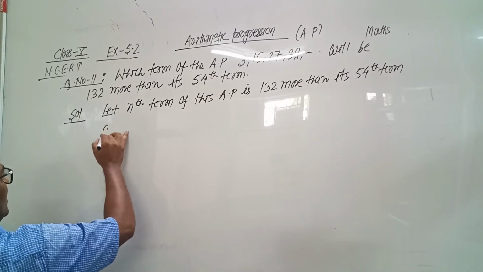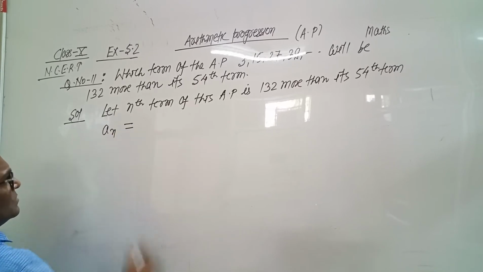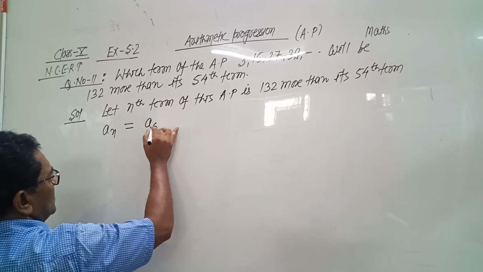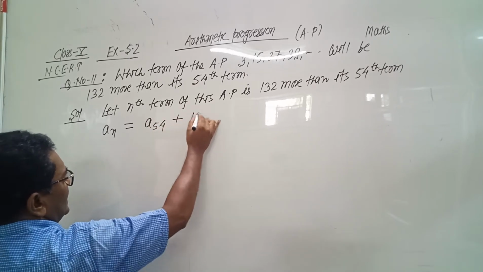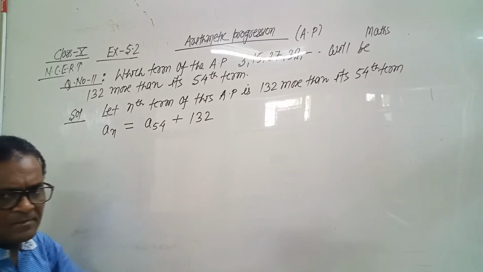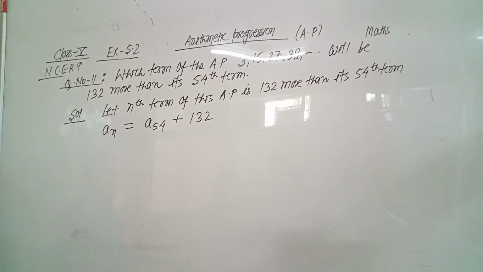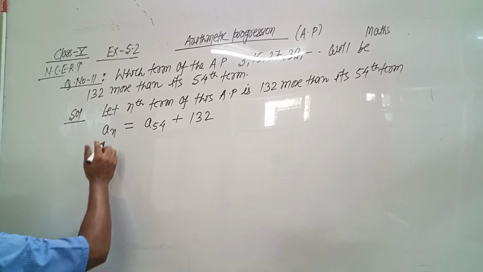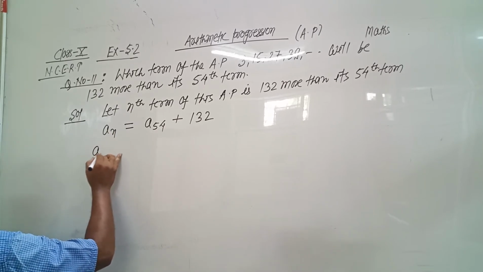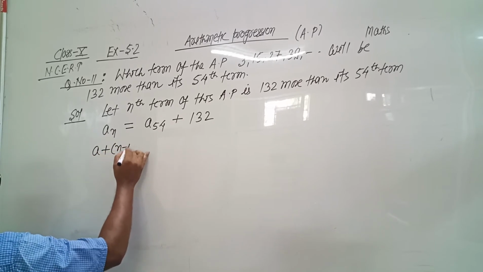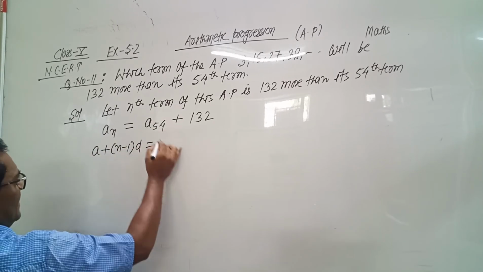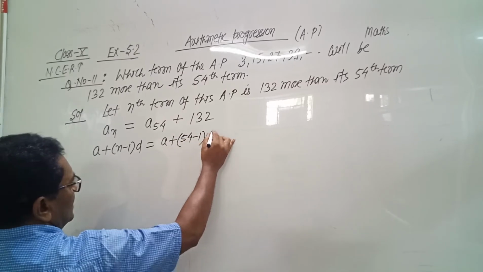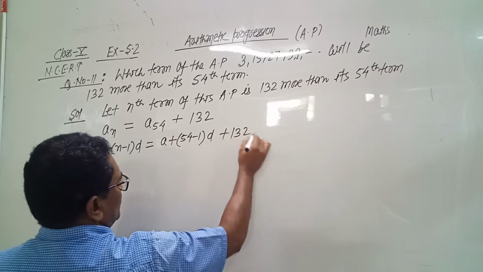It means An equals 132 more than the 54th term, equals A54 plus 132. More than means plus. So the formula for An is A plus (n minus 1)D, A54 is A plus (54 minus 1)D, and plus 132.